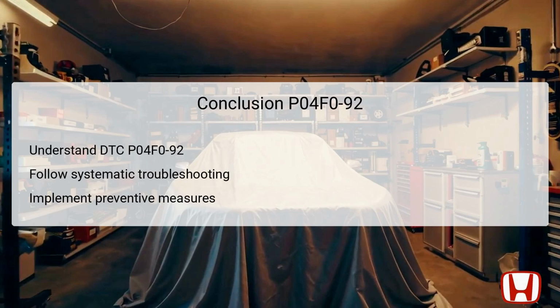In conclusion, understanding DTC P04F0-92 is vital for effective diagnosis and repairs. This diagnostic code signifies an issue within the EVAP system related to incorrect purge flow, necessitating a structured troubleshooting process. Following a systematic approach not only eases repair efforts, but also yields better insight into component functionality.